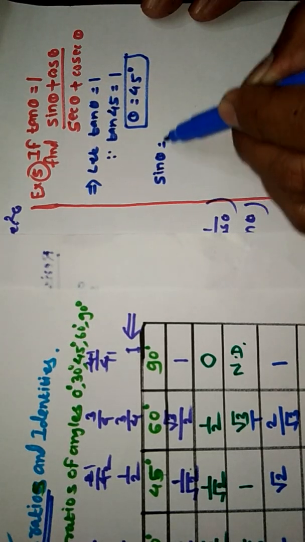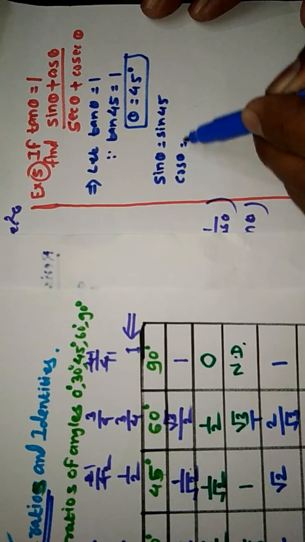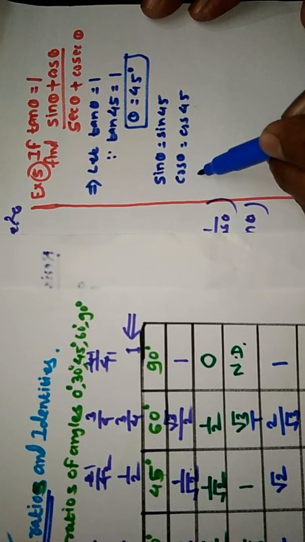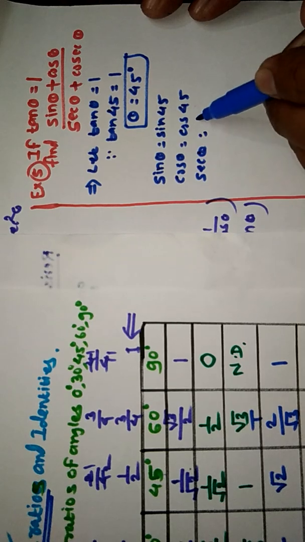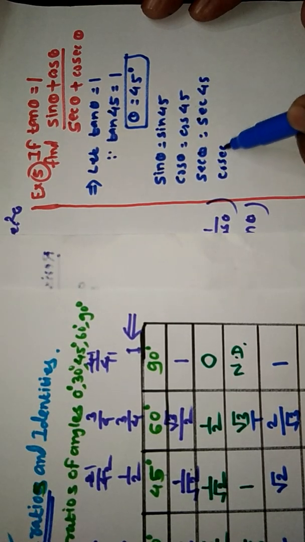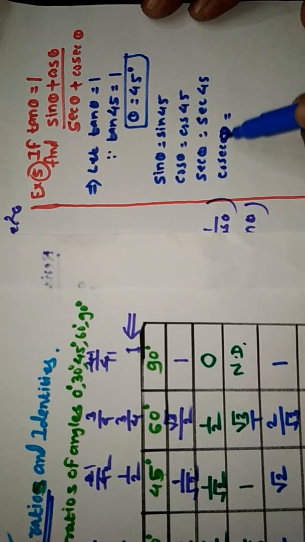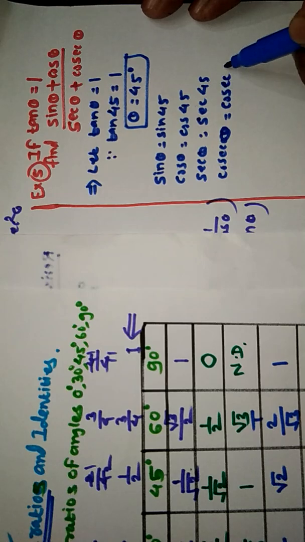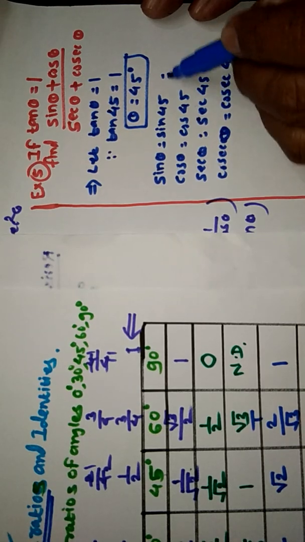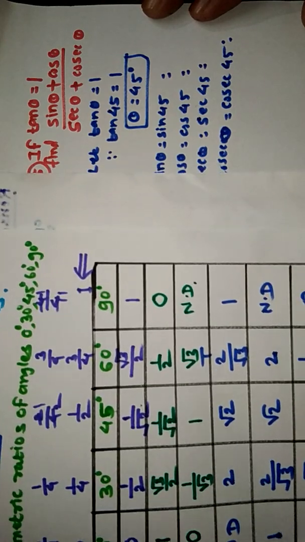Sin theta gives sin 45, cos theta is equal to cos 45, sec theta is equal to sec 45 degrees, cosec theta is equal to cosec 45 degrees. Find the values of these trigonometric ratios by using the table also.